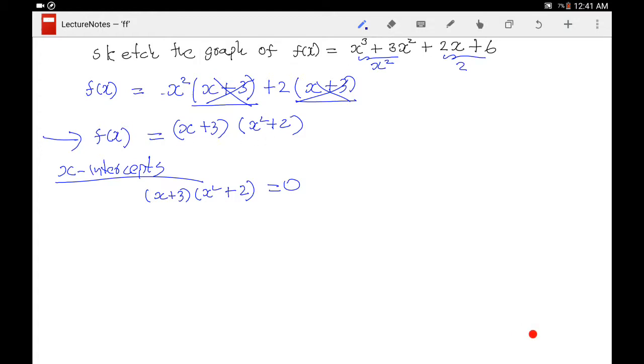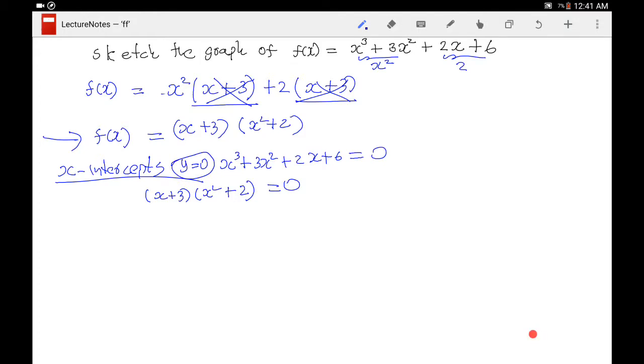This is a cubic equation. When you try to find the x-intercept, you have to set y to 0.